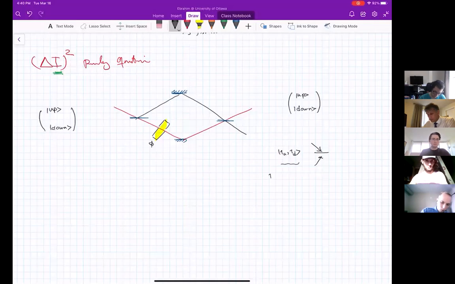One photon from the up port has H polarization, and one photon from down has V polarization, minus the inverted one. So the up one has V polarization, and the down one has H polarization.